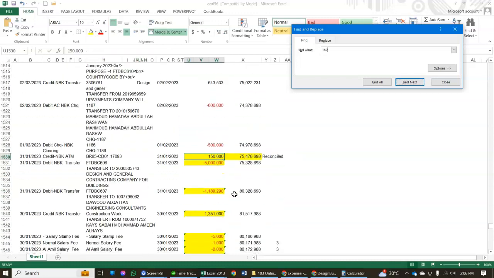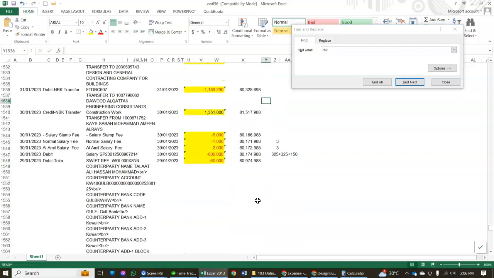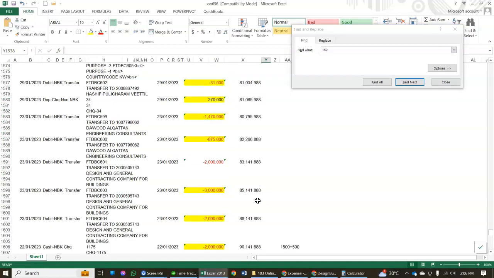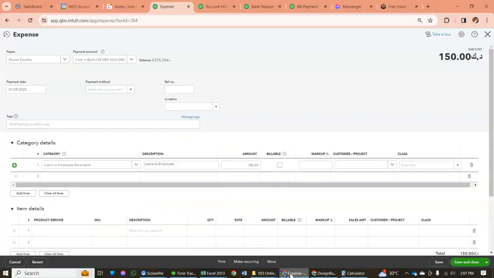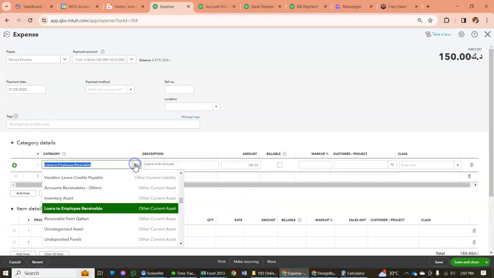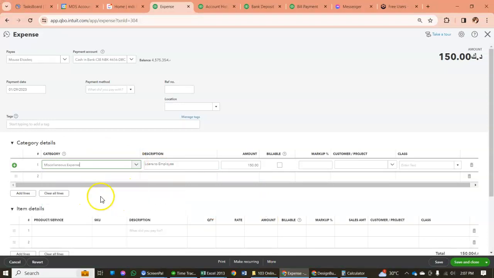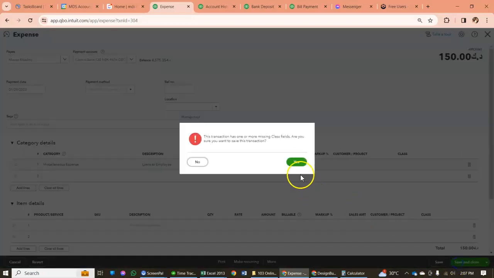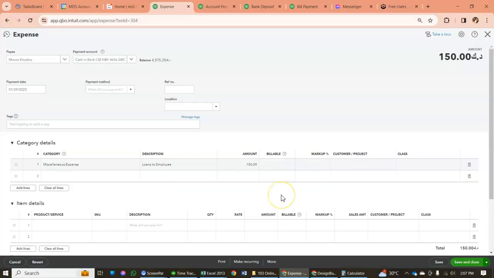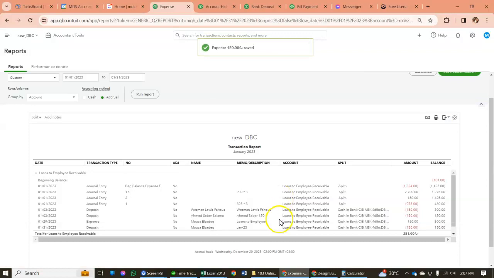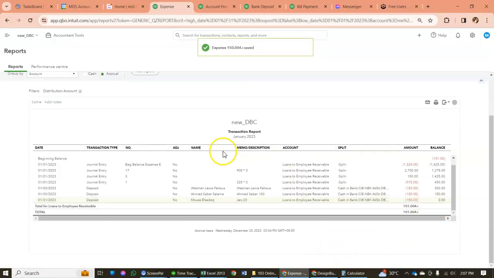There's no 150 for January. Yeah, there's a 150 as a deposit, but whatever. So we can put this one as miscellaneous to avoid conflicts with the record. Okay, so we're done with that. So this should be 0.